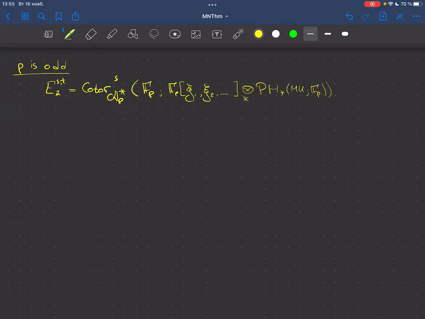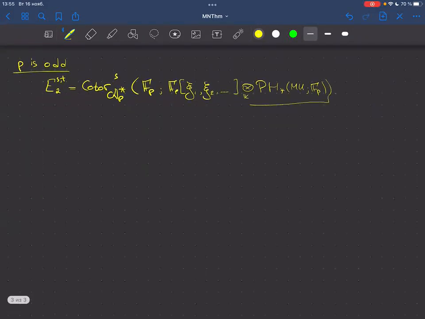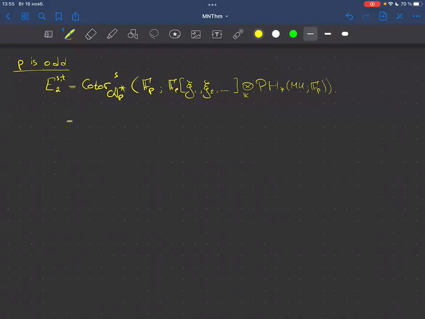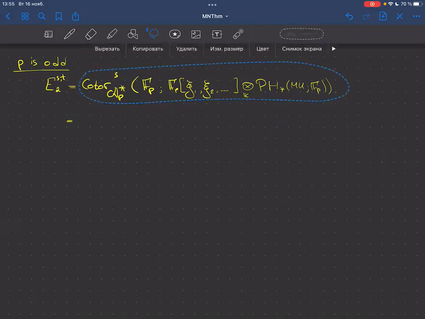Okay, great. So cool. So now, since this is kind of the free part of this guy, we can take it out of the bracket. So it is the same as, let me just copy and paste.